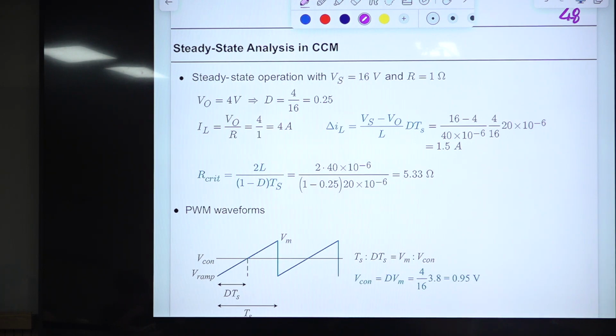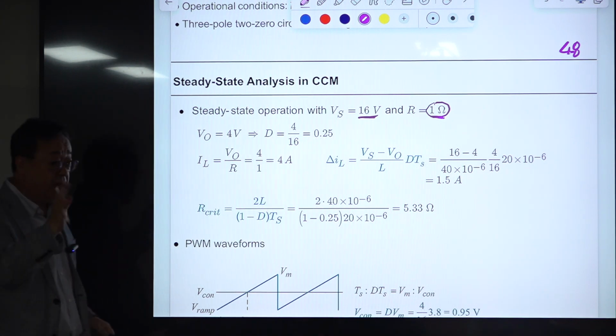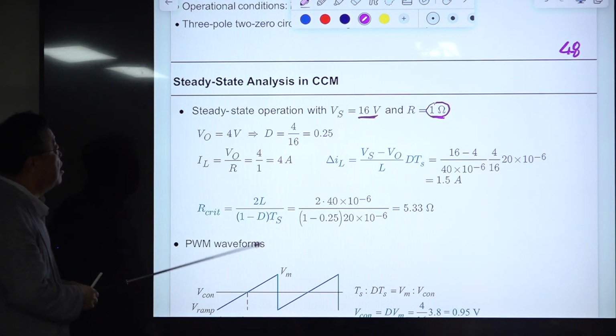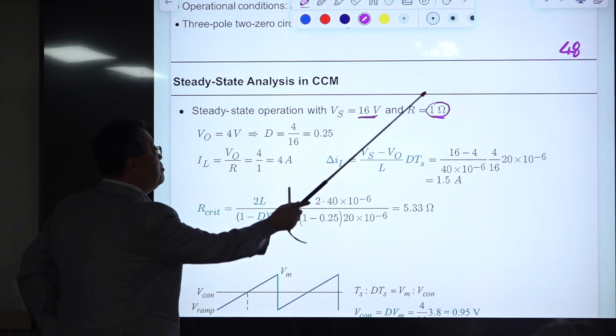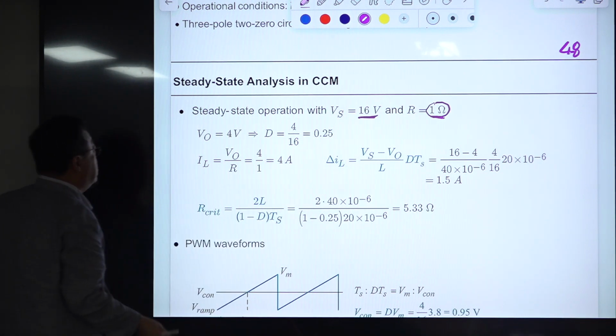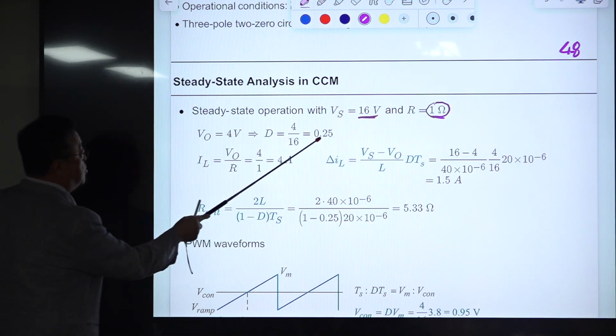Assume the converter is in CCM, R is 1 ohm, and the input voltage is 16, and this is below R critical. R critical is 5 point something, 5.88, something like that. Oh yeah, this one, 5.33, okay? So it's way below this one, so we are in CCM. Our voltage is regulated at 4 volts, so the duty ratio must be this.